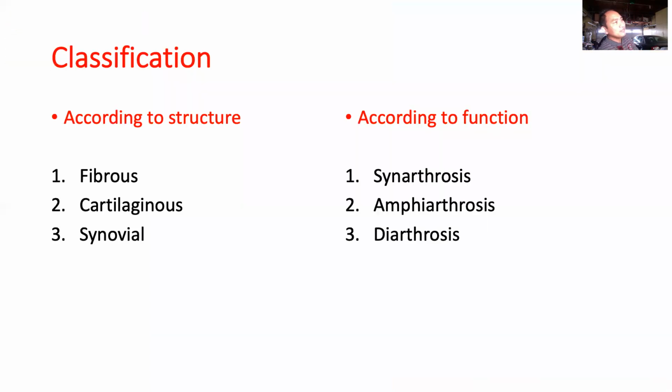So now we know the definition of joint, and now let's classify joints. As usual, there will be two ways to classify a joint. The first way is according to the structure, according to how they are built.